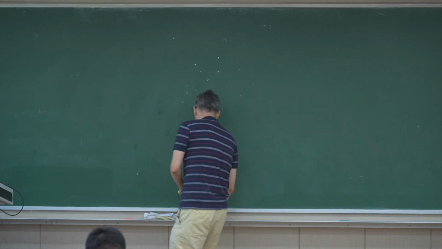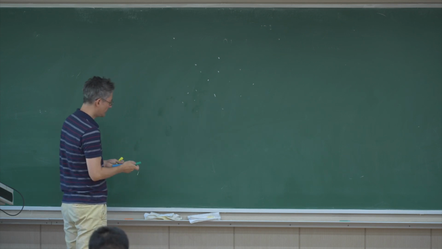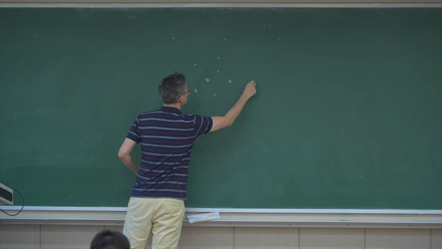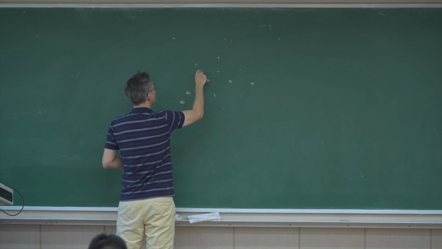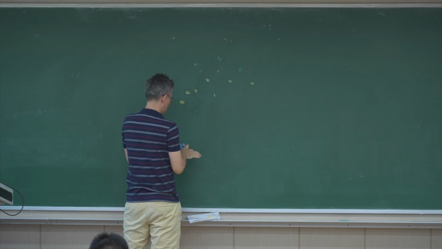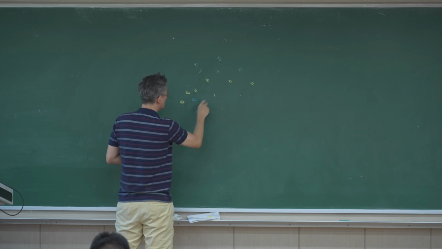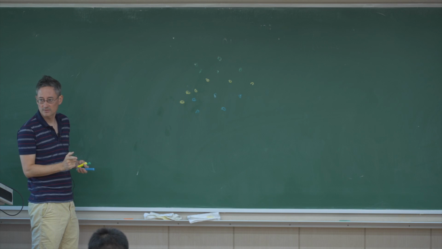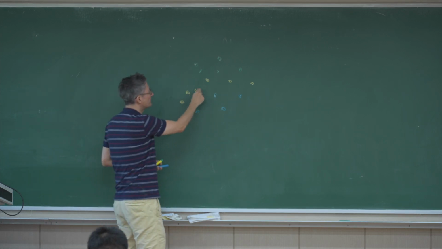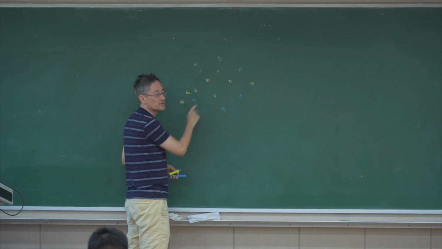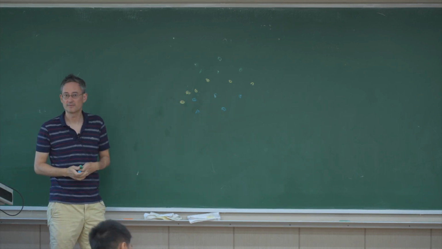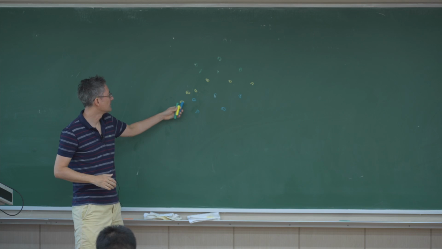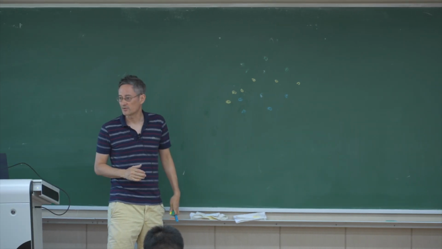Let's say I want to color my graph with yellow, green, and blue, such that any edge that does not contain a yellow vertex contains both a blue and a green. And then the two-colorability defect is the fewest number of yellow vertices that you can do this with.